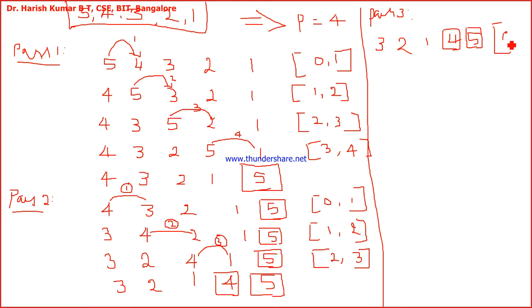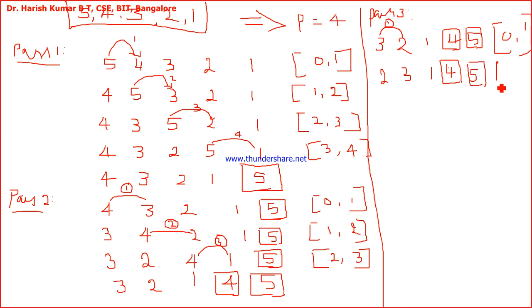So 0, 1. This is the first comparison: 2, 3, 1, 4 is already in its position, and 5 is also in its position.